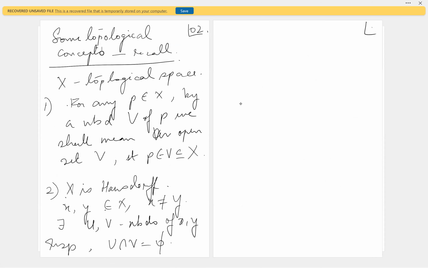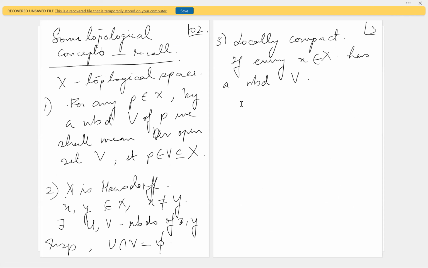Yes, ma'am. So locally compact space: every point has a compact neighborhood. X is locally compact if every x belonging to X has a neighborhood, we remember our neighborhoods are just open sets, which is compact, right? So we have our locally compact Hausdorff space.